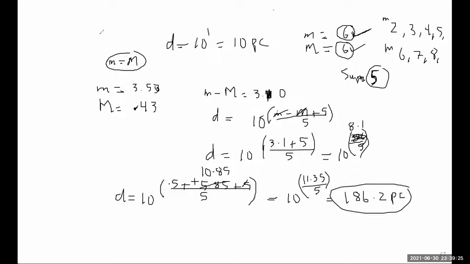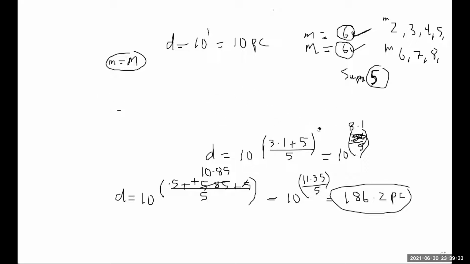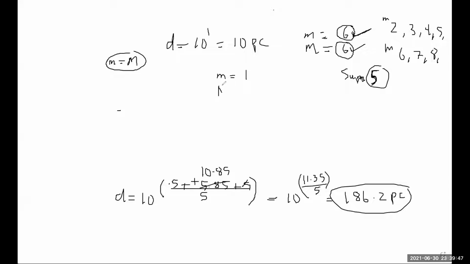But how about a star like this? So I'm giving you the whole idea of how the equation works. How about a star like this? If its apparent luminosity is a 1 and its absolute luminosity is a 1, this star is also 10 parsecs away.